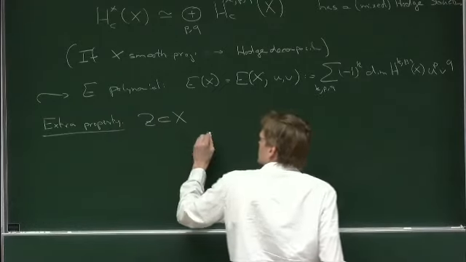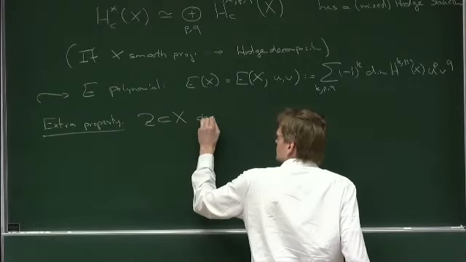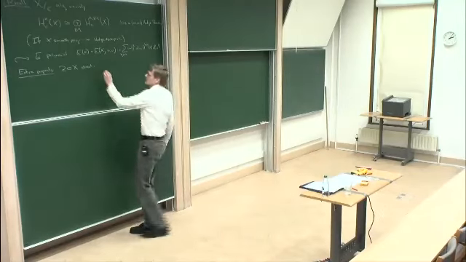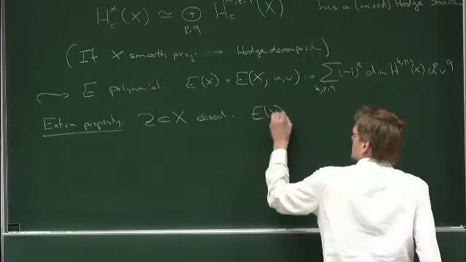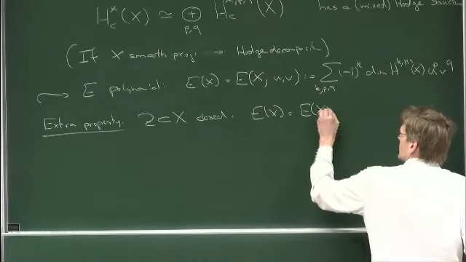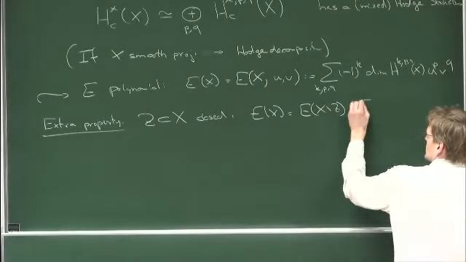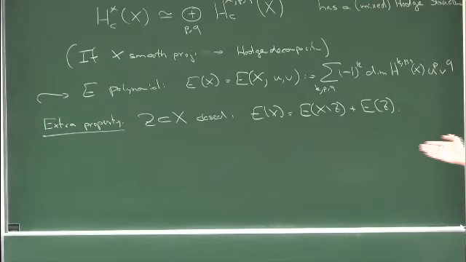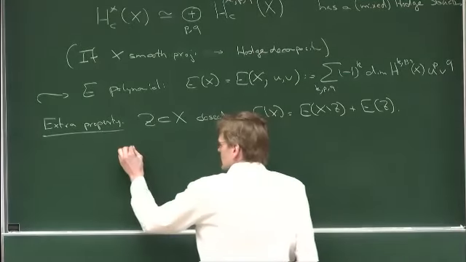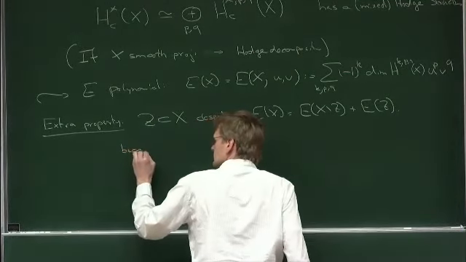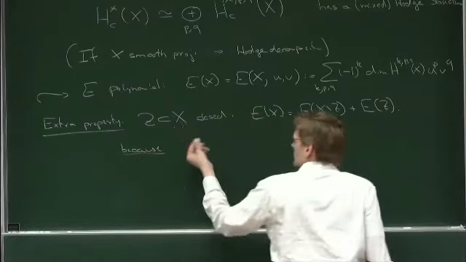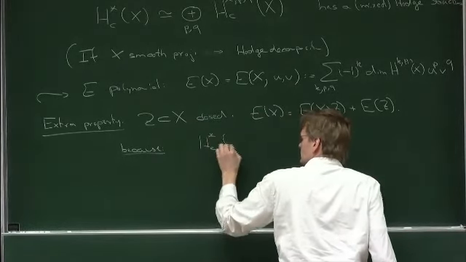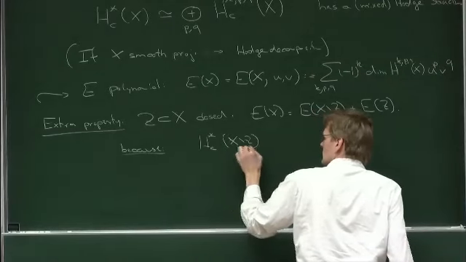If you have X and Z a closed subvariety, then this is additive: E of X is E of X minus Z plus E of Z. And this just comes from the long exact sequence for cohomology with compact support. This you all know, probably.